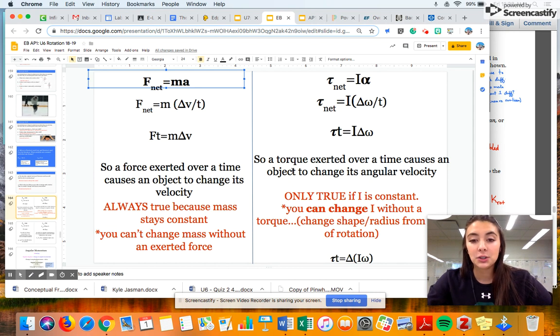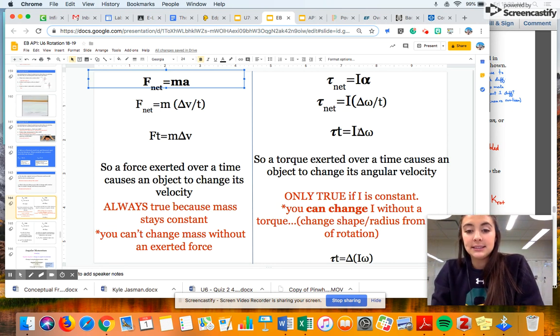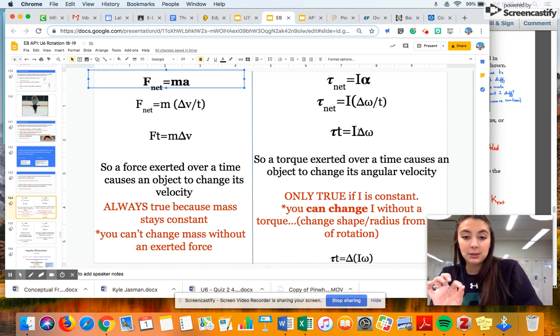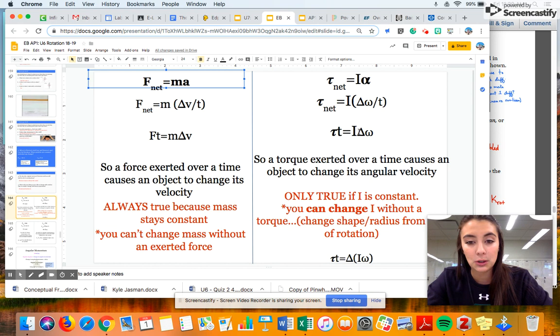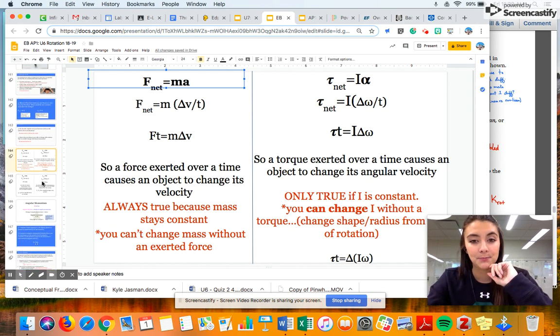If a torque is exerted over time, it will cause an object to change its angular velocity. Now, this is only true if I is constant. Okay, that's going to be our stipulation, because we know that we can change I without torque. We can change the shape, we can change the distance from the axis of rotation of where that mass is located. So we want to keep that in mind. We want to make sure that we're keeping that constant.